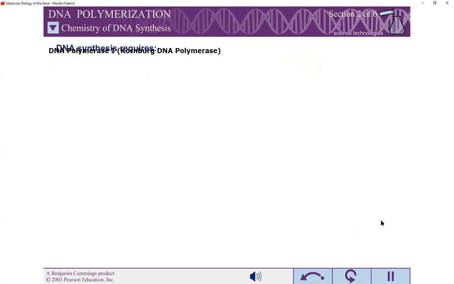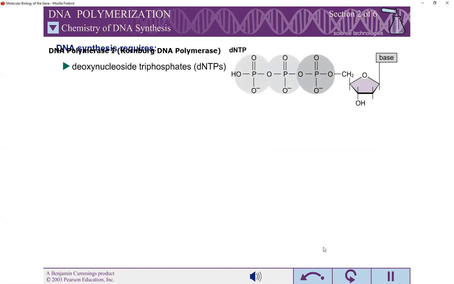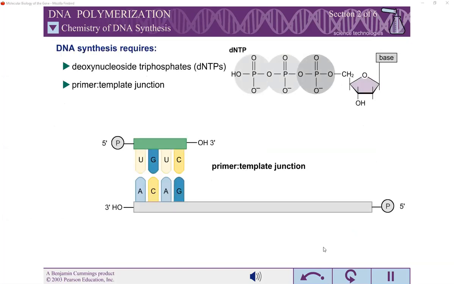DNA synthesis requires deoxynucleoside triphosphates and a primer template junction. Okay, so whenever you want to initiate DNA biosynthesis, you require a template and a primer molecule. This is the template over which the primer is going to bind.